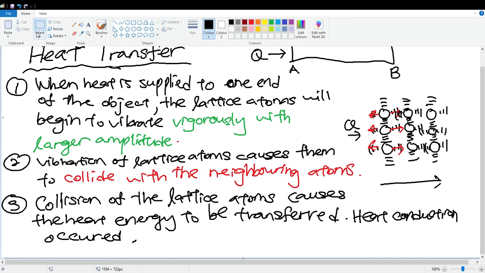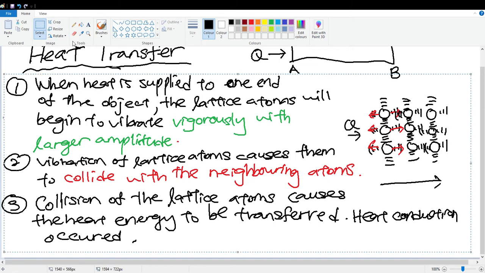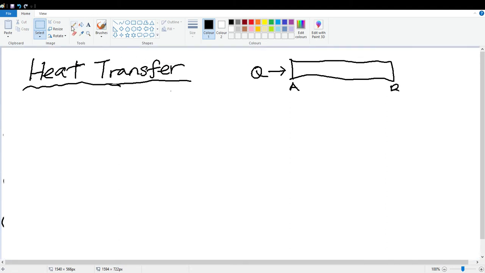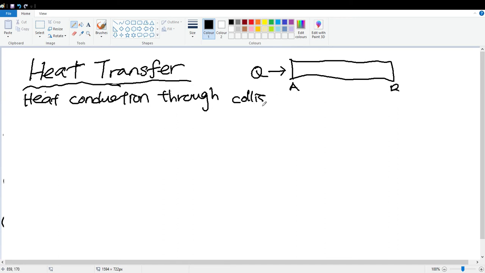Let's move on to the second way of heat conduction, which is heat conduction through collision of free moving electrons.